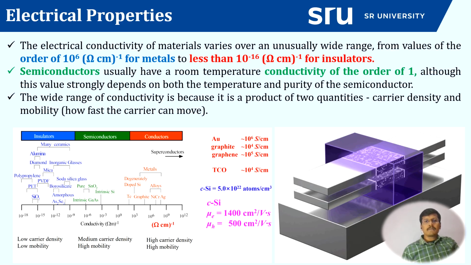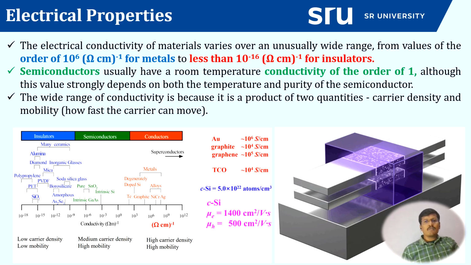So for metals, the conductivity can reach very high values, whereas for insulators it is very small. The semiconductors occupy the middle region between these two extremes, between conductors and insulators.